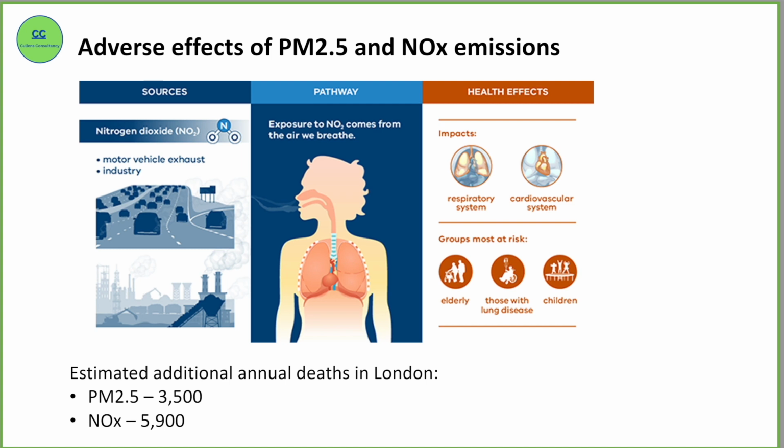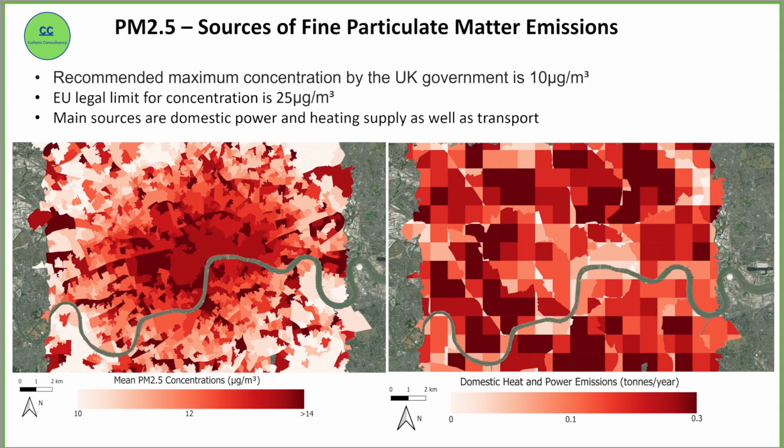In 2015, King's College estimated that fine particulate matter contributed towards 3,500 premature deaths in London, and long-term exposure to high concentrations greatly affects those with chronic heart or lung diseases, as well as reducing lung function growth in children. Nitrogen oxides, however, contribute towards 5,900 deaths annually, and disproportionately affect a similar demographic.